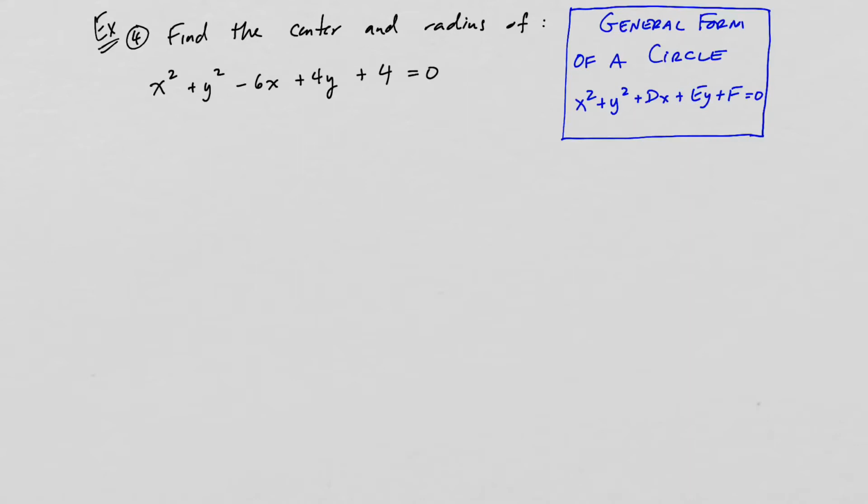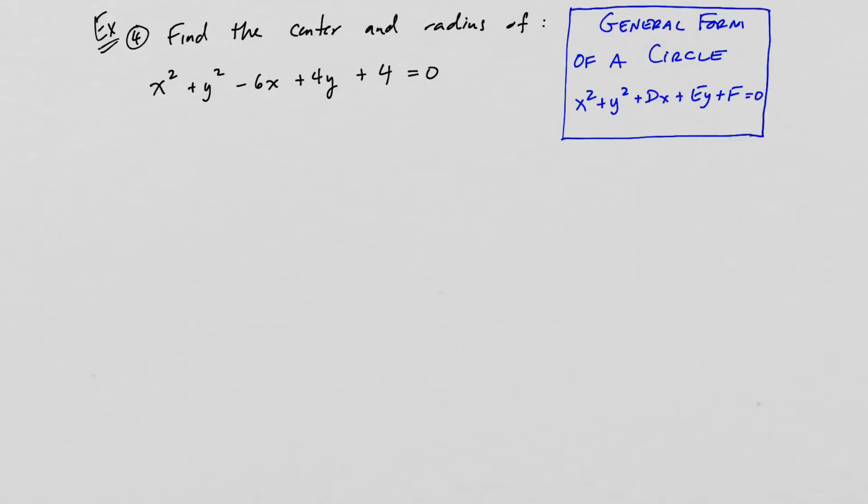All right, so for our last problem, we're going to find the center and radius of the circle represented by this equation. Now at first, this should look a little strange because this equation looks different than the other equations. And what we're looking at now is what we call the general form of a circle.